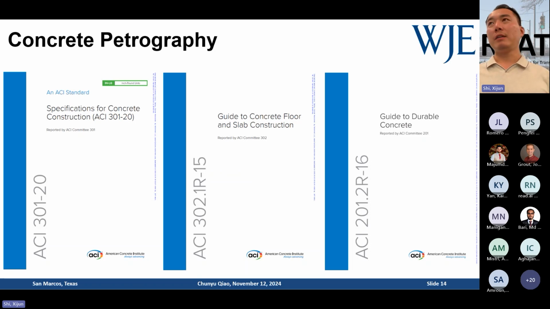And for existing structures, durability is a big concern, so there is ACI 201, Guide to Durable Concrete. The major durability aspects documented in ACI 201, a petrographer can probably examine under the microscope.